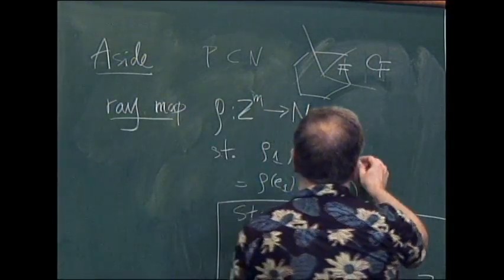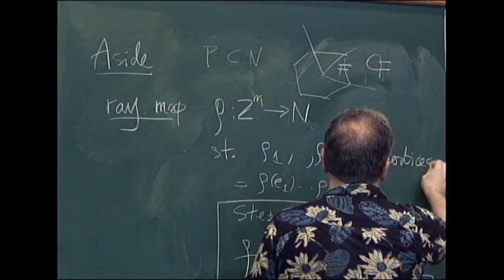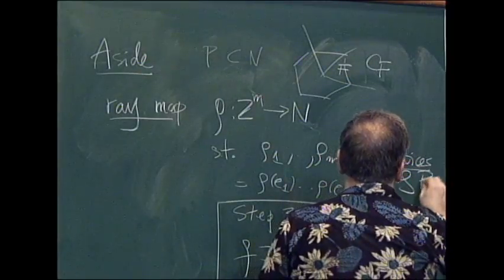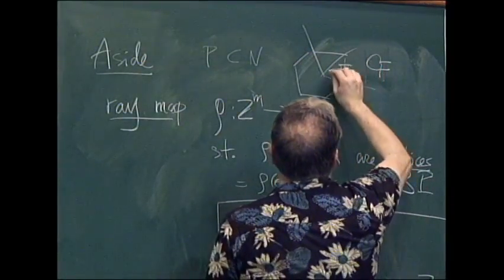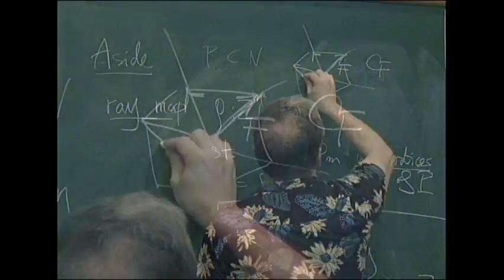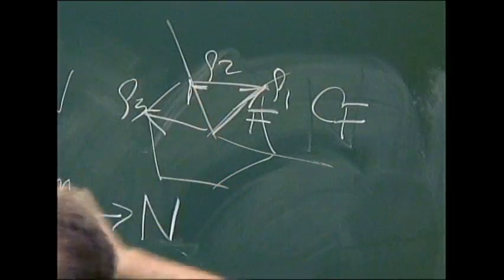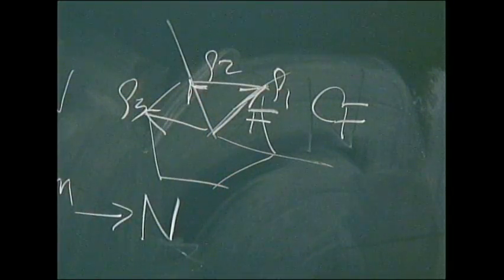These guys are the vertices of P. Okay, so I take these vectors, rho 1, rho 2, rho 3, and I put them together into that homomorphism. Okay?